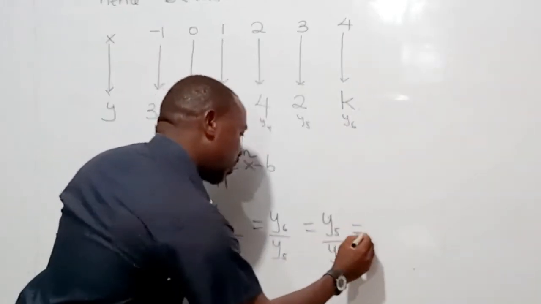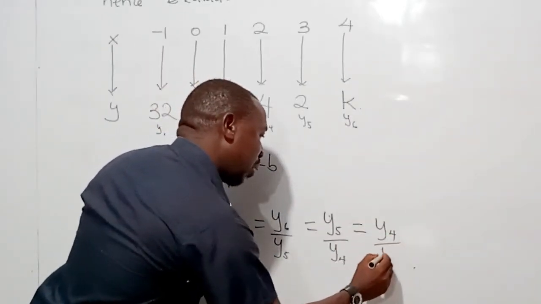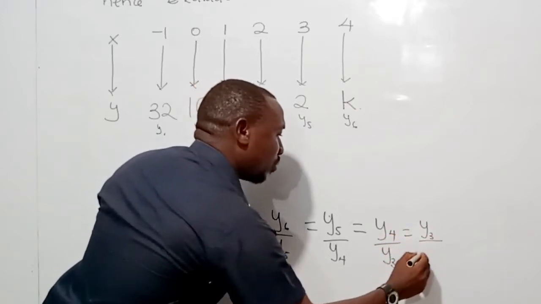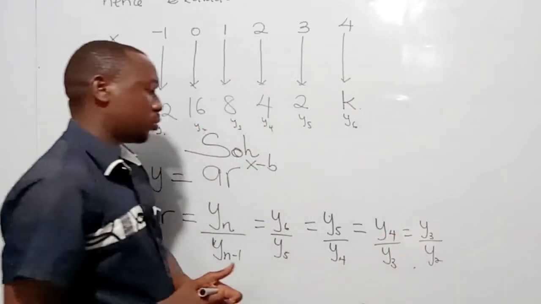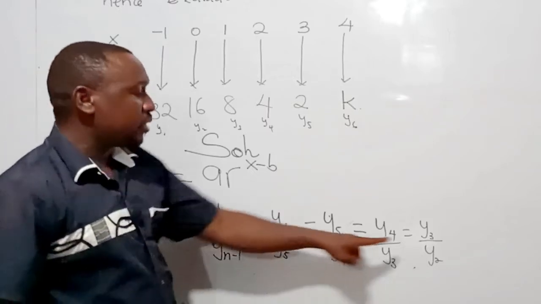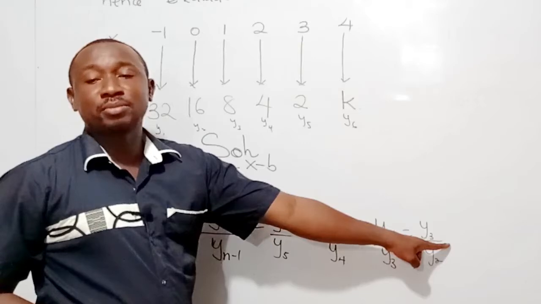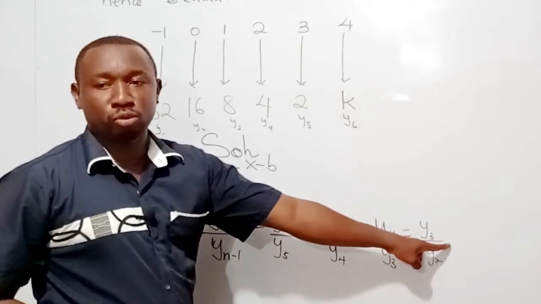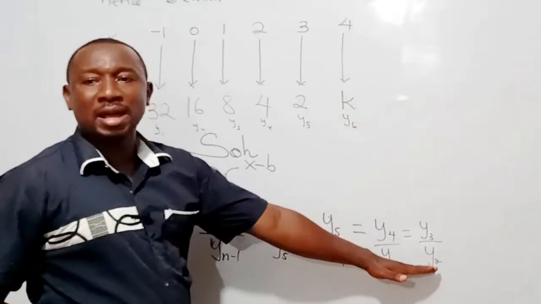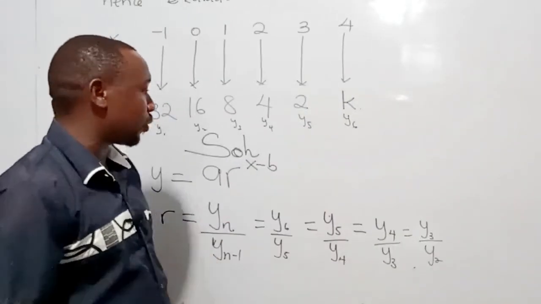And this one will also be equal to y sub 4 all over y sub 3, y sub 3 all over y sub 2. In effect, all these should be able to produce the same answer, and that makes it a common ratio.